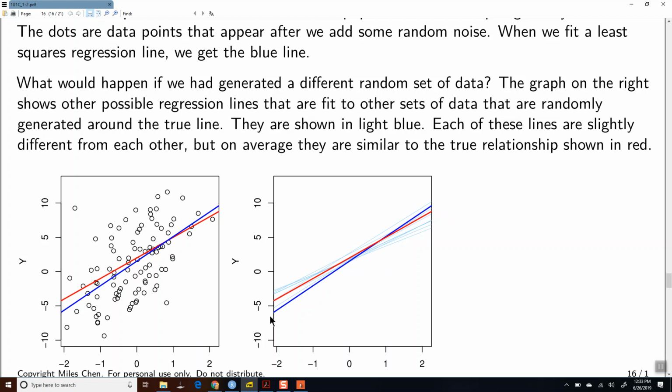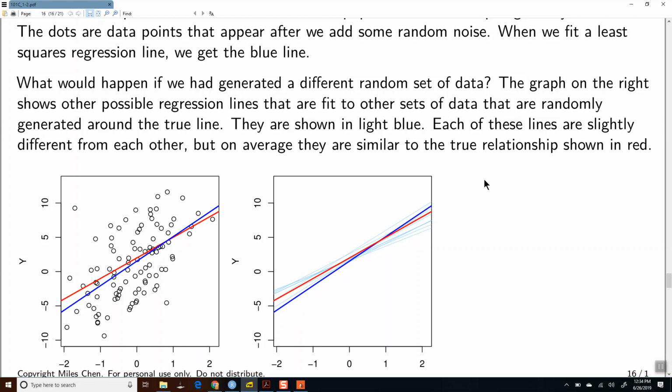In all of statistics, we're dealing with just a small data set, a small sample, and we're hoping that our sample is representative of the population, but we don't know what the population looks like, and so we don't know if our sample is giving us too big of an estimate or too small of an estimate, and likewise, we don't know if the resulting slope we get is too steep or too shallow. We have no idea. When we fit our line, we get just this dark blue line.